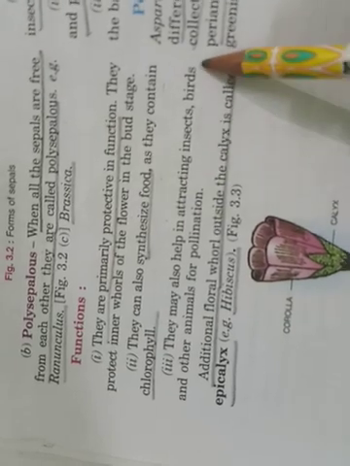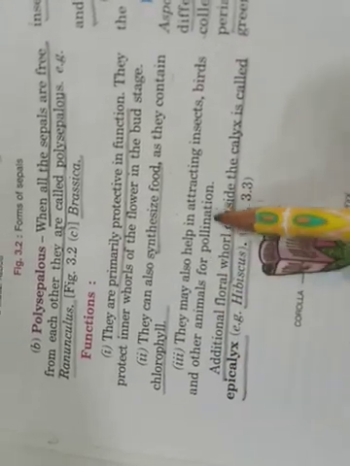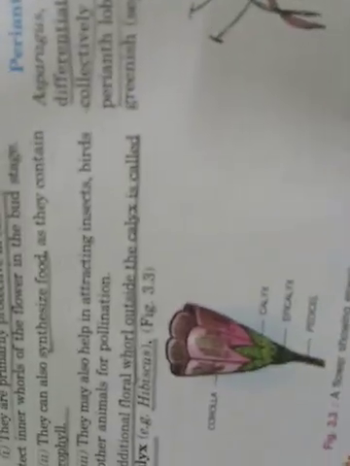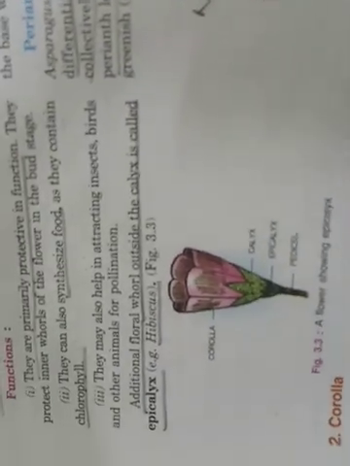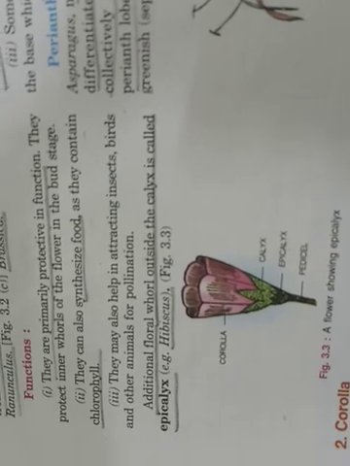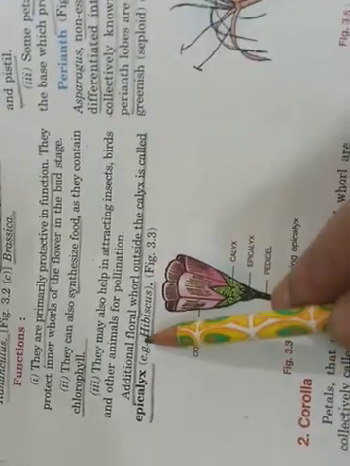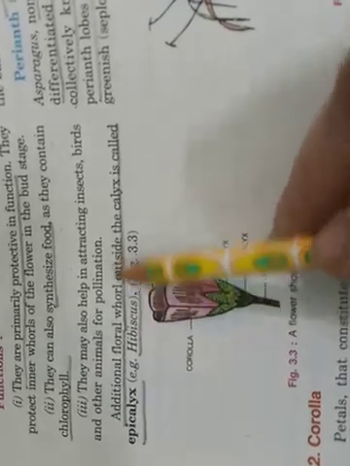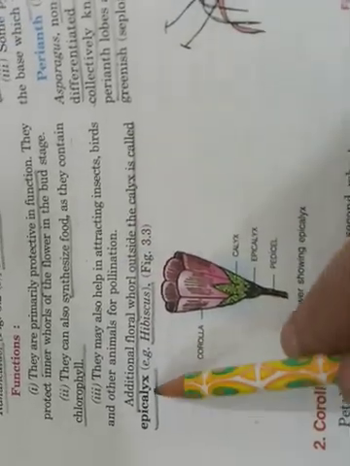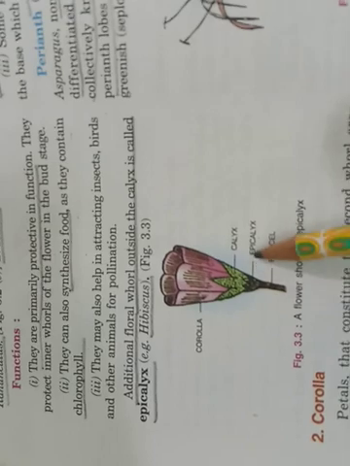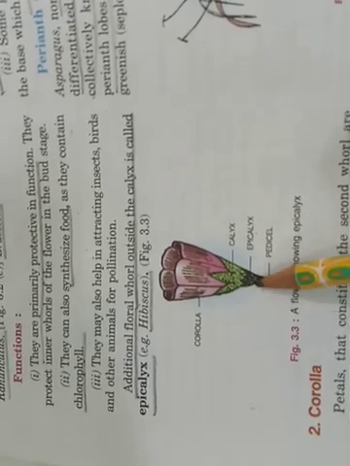They may also help in attracting insects, birds, and other animals for pollination. Sometimes these sepals are colored, and they attract these insects, birds and other animals for pollination. An additional floral roll outside the calyx is called epicalyx. Some flowers have an additional floral roll outside the calyx.